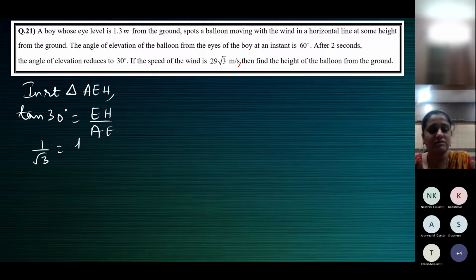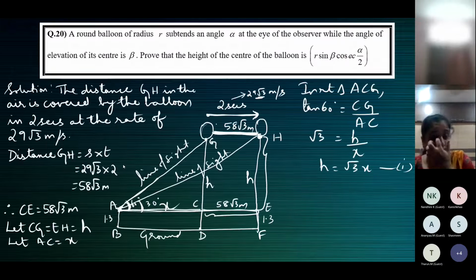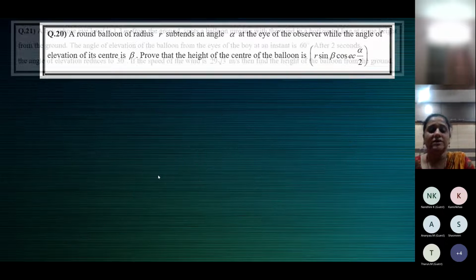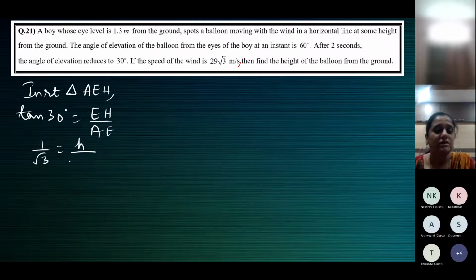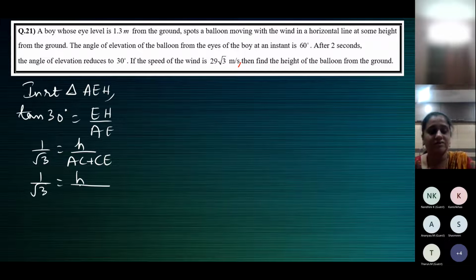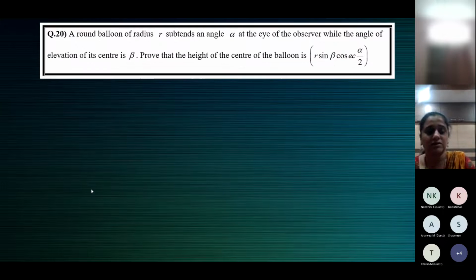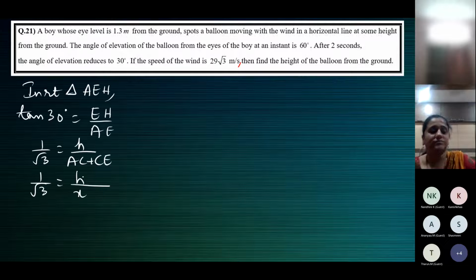EH is the same as the earlier line segment GC, which is H, by AE. AE is AC plus CE, so AE is X plus 58 root 3. So 1 by root 3 is equal to H by X plus 58 root 3.